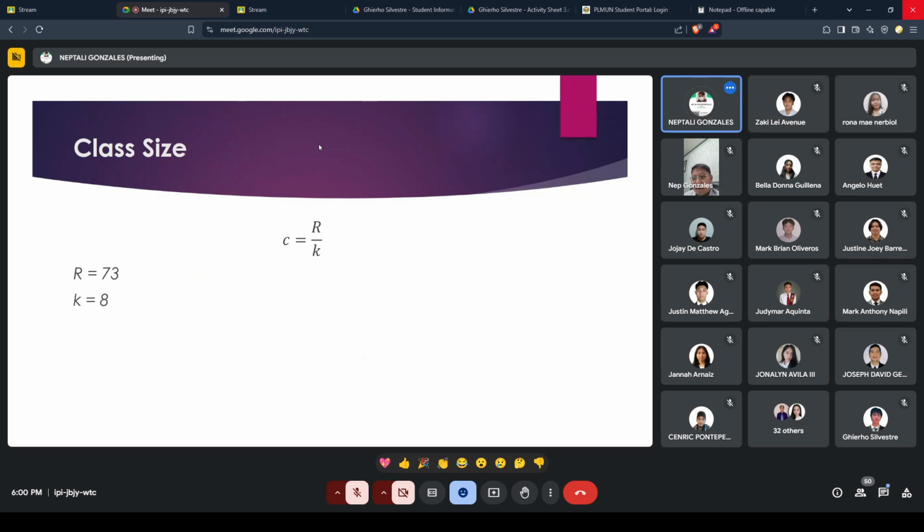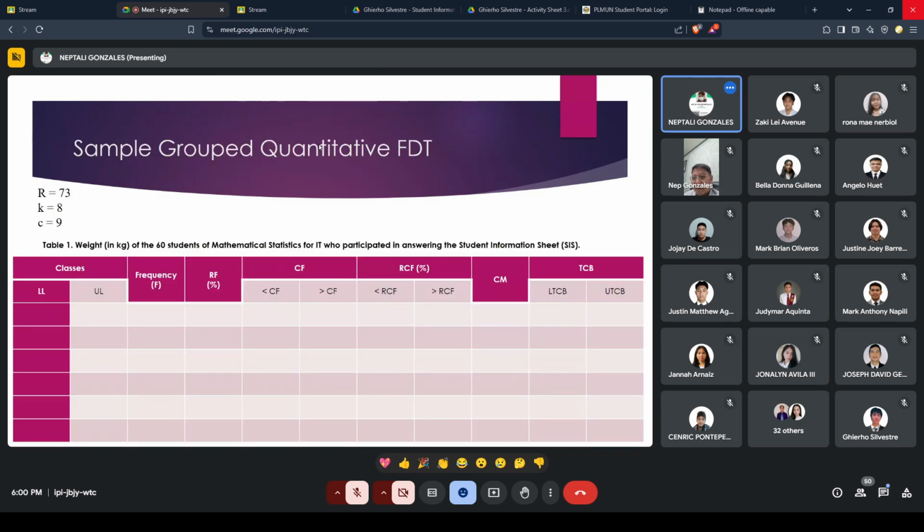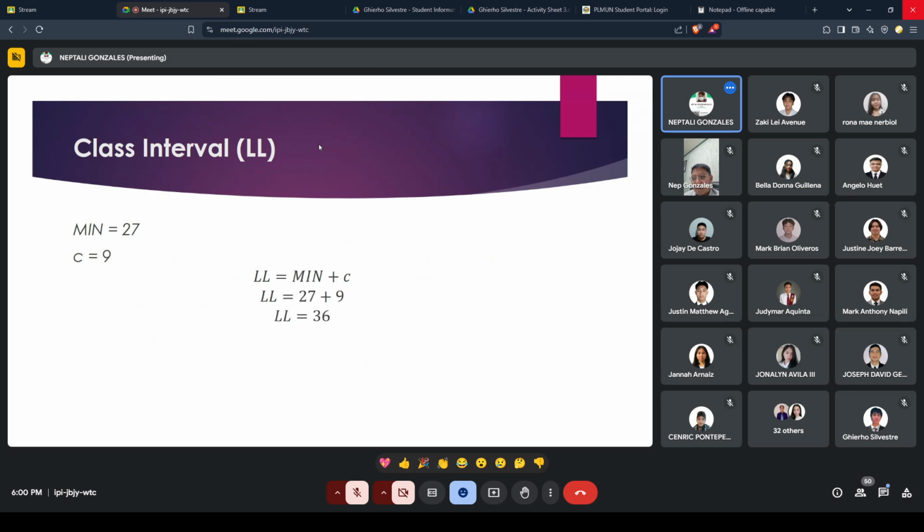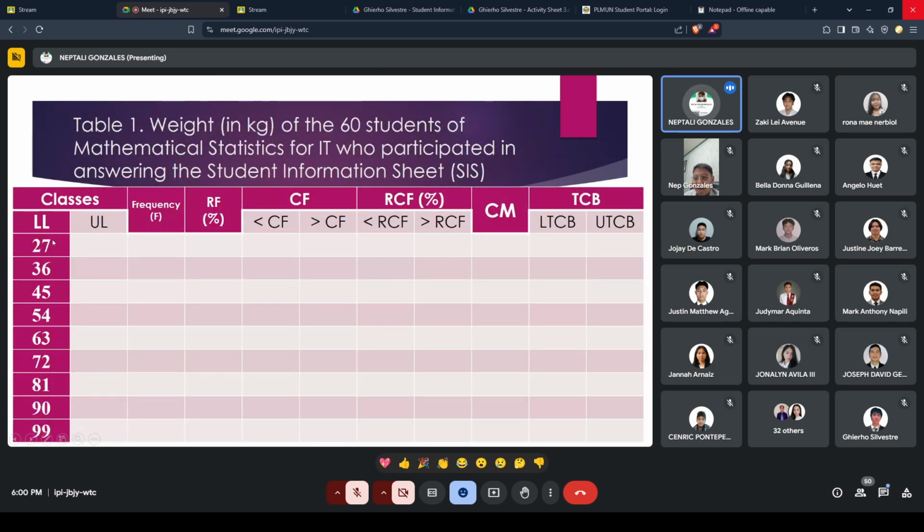So let's count if we are correct. We count 1, 2, 3, 4, 5, 6, 7, 8, and 9. So we are still correct because the number of classes is 8, and according to the margin of error, it should be plus or minus 1, because the number of classes as stated earlier may or may not equal the computed number of classes.